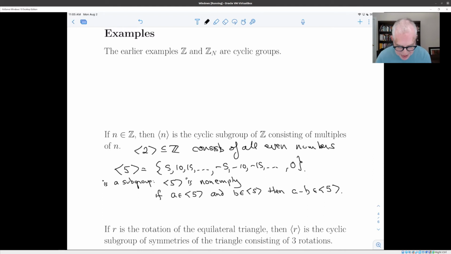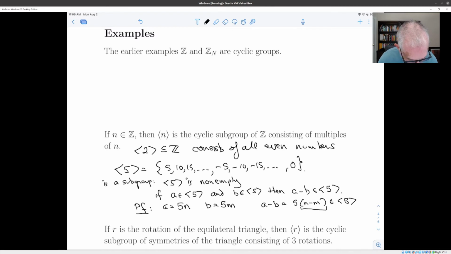And that's just the statement that if A is equal to 5 times n and B is equal to 5 times m, because A is just the set of multiples of 5, then A minus B is 5 times n minus m, which is also in the subset generated by 5 because n minus m is an integer.